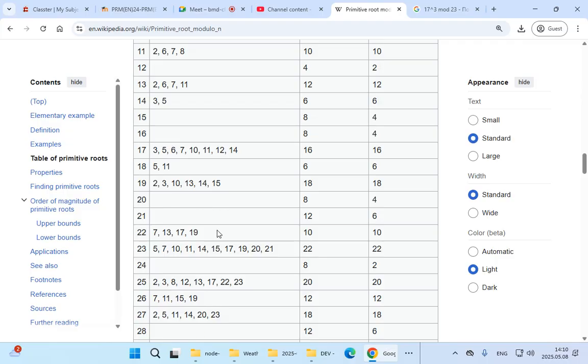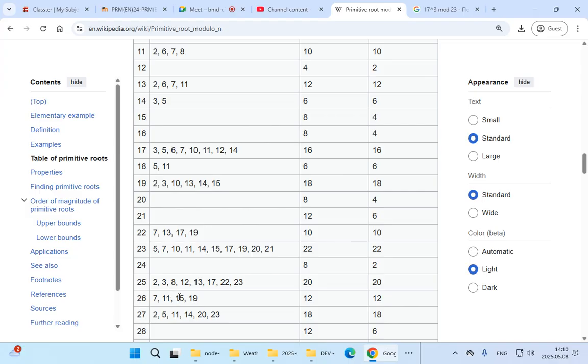Is it also possible to generate the primitive root modulo? For some numbers they exist, and you can use them, but not always they exist. You can check also, but it could be difficult to check.